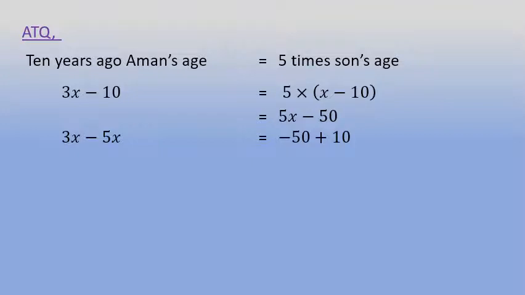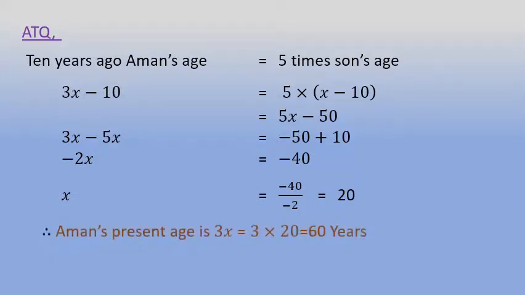Now move variable to one side, numeral to the other side. So 3x minus 5x equal to minus 50 plus 10. Minus 10 will shift to RHS, it will become plus 10. That is minus 2x equal to minus 40, or x equal to minus 40 upon minus 2 equal to 20.